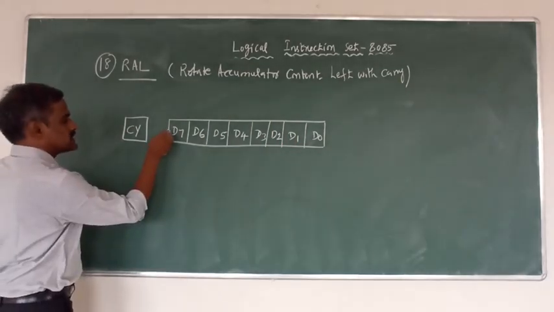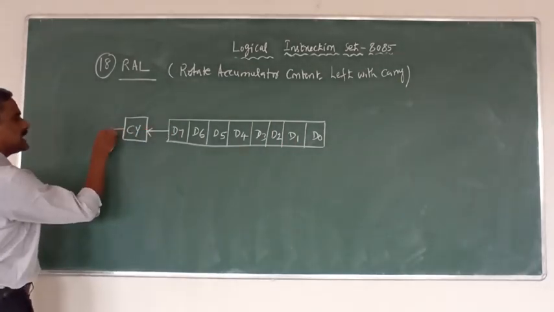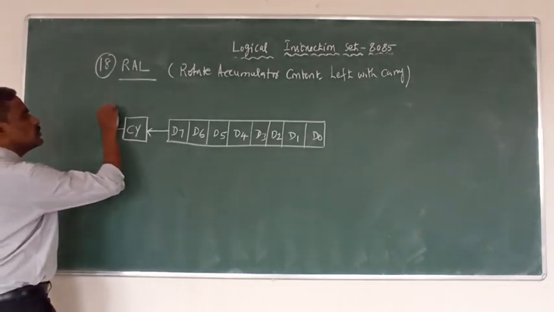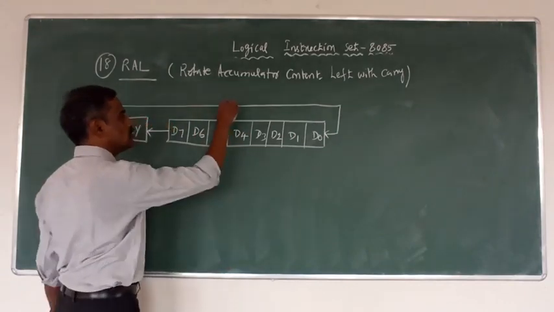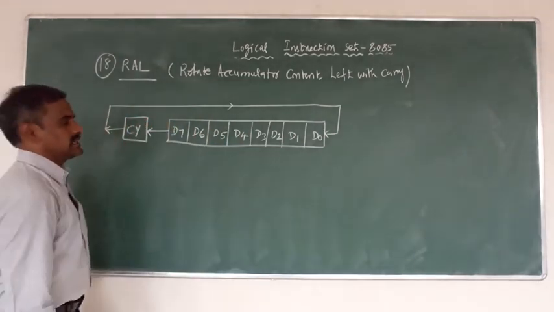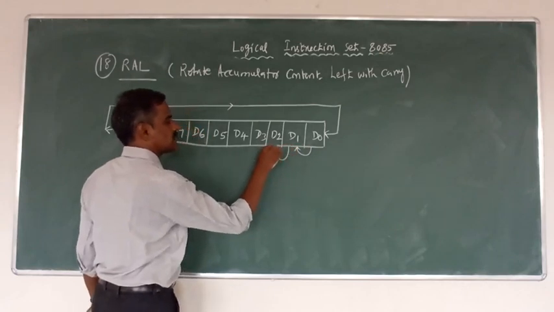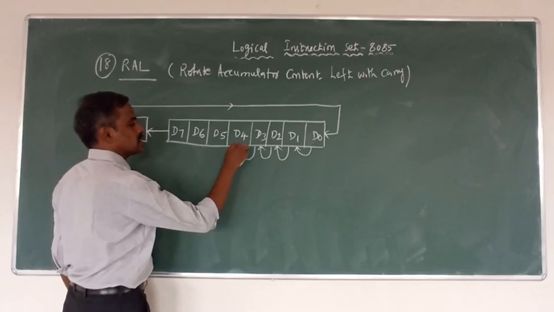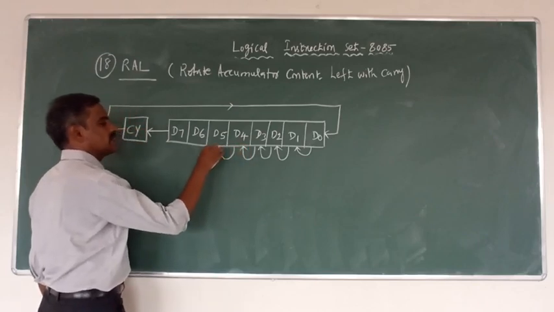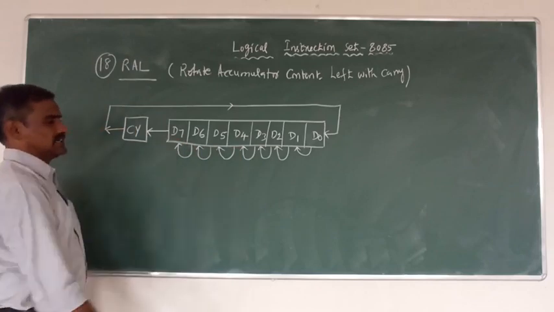The D7 data moves to the carry position, and then the carry data moves to the D0 position. And then D0 data moves to the D1 position, D1 data to D2, D2 to D3, D3 to D4, D4 to D5, D5 to D6, and D6 to D7.